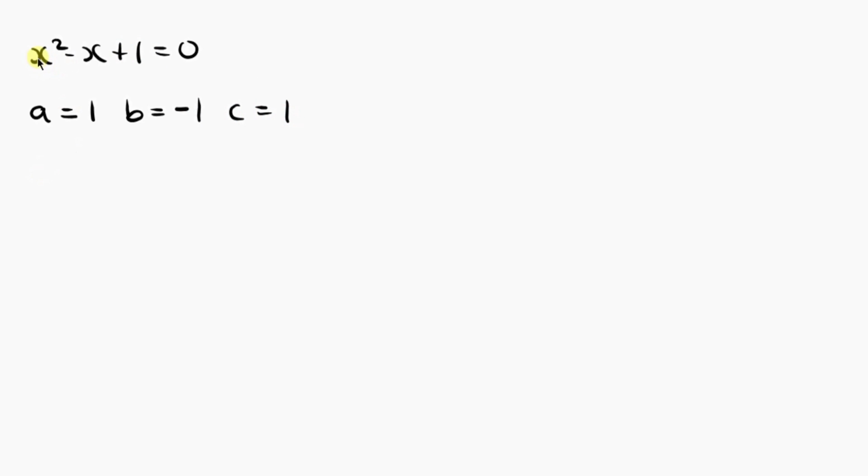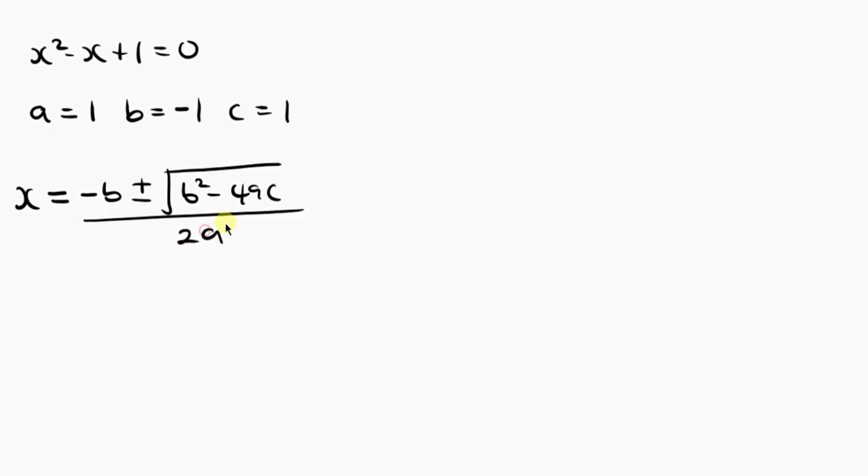So since I'm looking for s, the general formula says x equals negative b plus or minus the square root of b squared minus 4ac, divided by 2a. So x is going to be equal to, let's substitute, minus b is minus 1, so I'm going to put minus 1 here, plus or minus the square root of b squared.